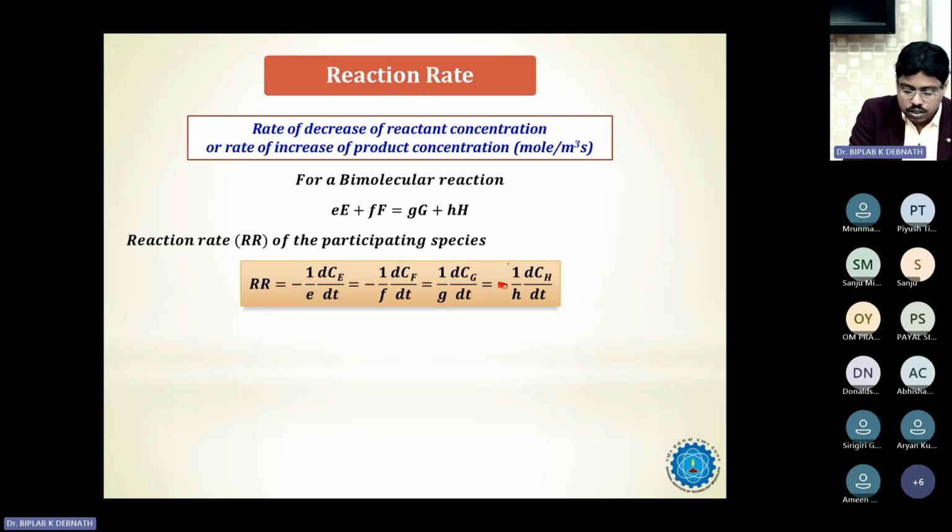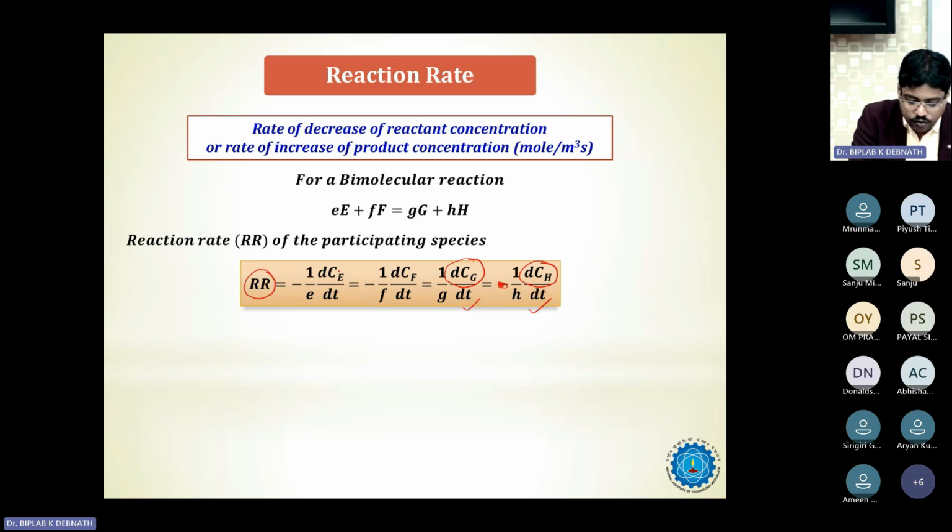Here CG and CH are the constituents in the products. Their concentration should increase. That means you see the rate of change of concentration of G and the rate of change of concentration of H per unit time, into 1 by the stoichiometric quantities, that gives you the reaction rate. So this is the reaction rate formula.